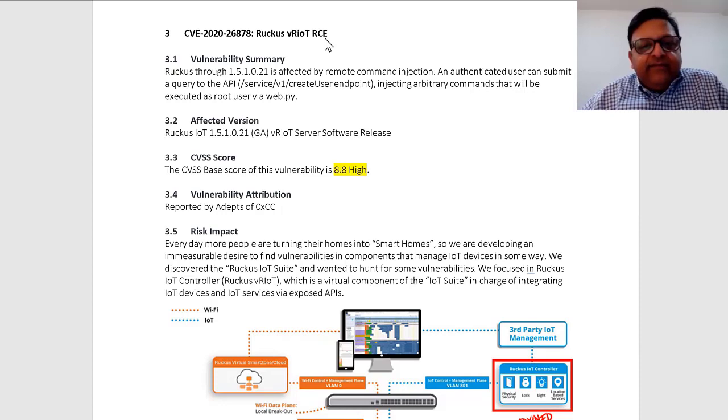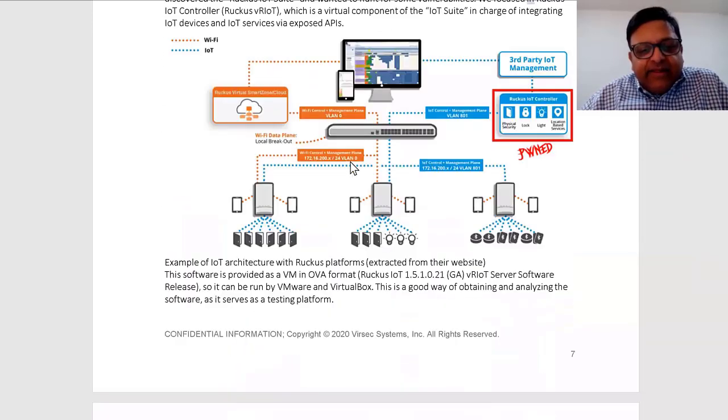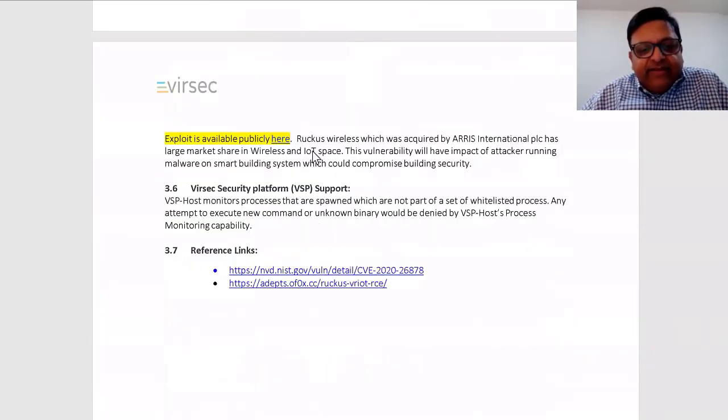This particular product can be attacked using publicly available exploits, very easily available, to seize control of the OT infrastructure of an enterprise.